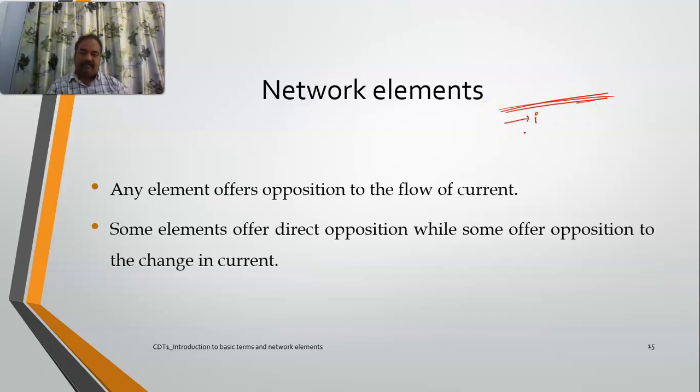Can the current freely flow in all the materials? No. It differs from one material to another, right? The opposition offered to this current, we call it resistance. This is the common word we use for the property of an element which opposes the flow of current.